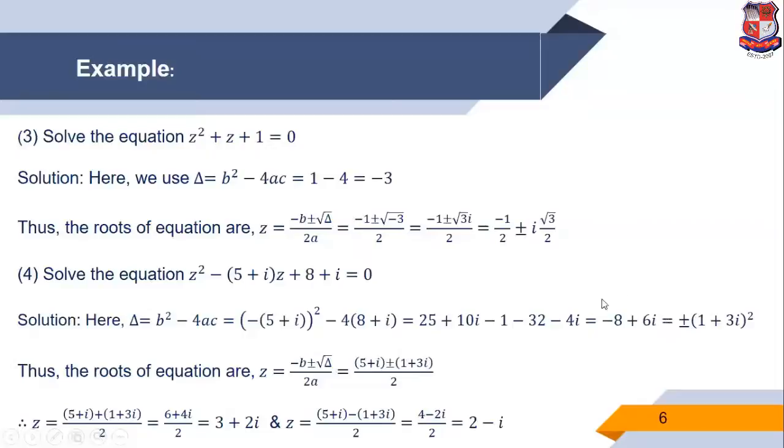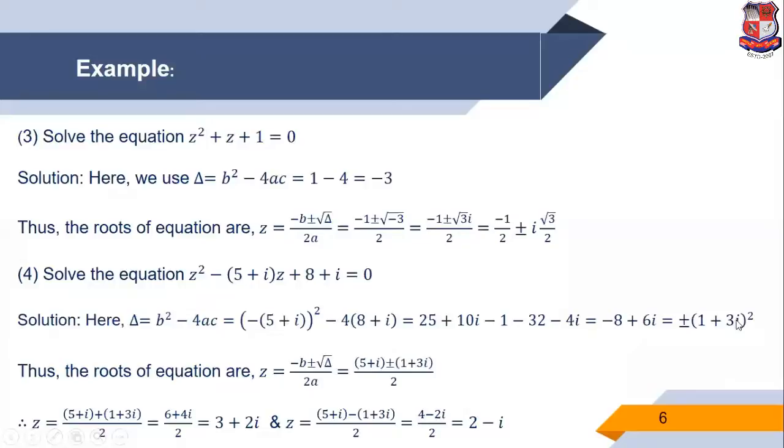Now this complex number we convert into a perfect square. Why? Because here we know that root delta is needed for finding the roots. So how to convert this complex number into a perfect square? First we try 1 plus i, we expand. 1 plus 2i we expand. 1 plus 3i we expand. So here we have minus 8 plus 6i. 6i is the middle term.